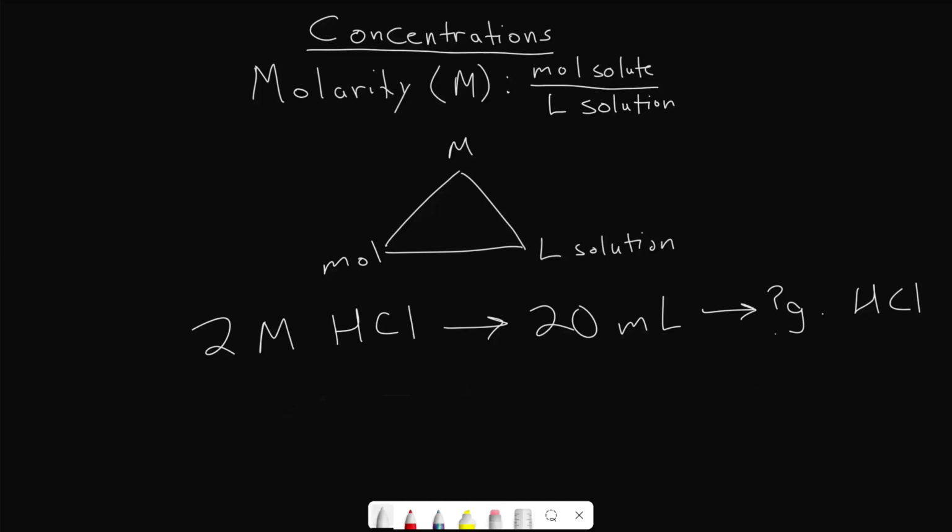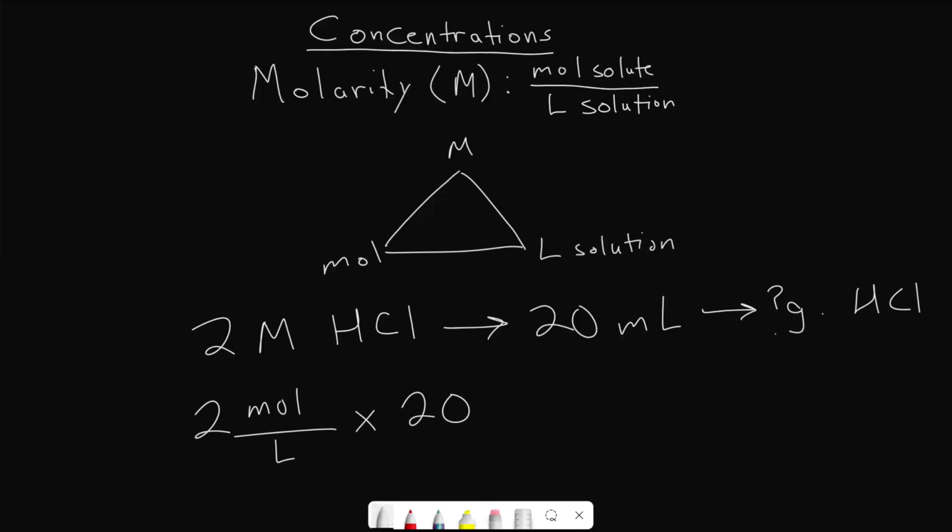So let's start with 2 moles per liter, and this is how I'll write it down. If I know that I'm only using 20 milliliters of this, then it would be smart for me to multiply by 20 milliliters. However, I can't just multiply by 20 because that would be a mistake, because the denominator here is liters. So I have to change my milliliters to liters.